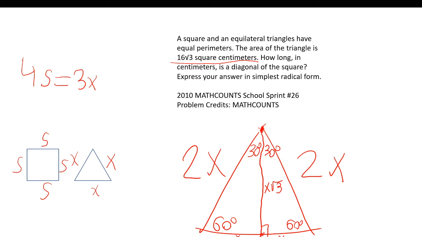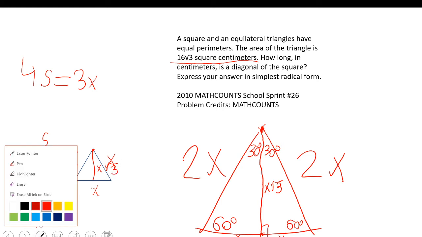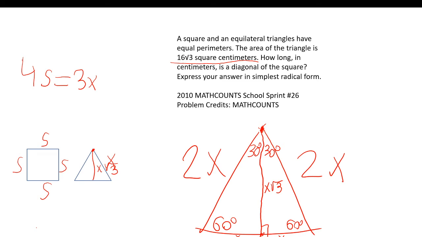Well, now we already know the height. The height is what we need to build an equation, right? This height is what we're looking for. The height is just x root 3. So we have x root 3 and these are 2x. I'm going to erase this since we don't even need this equation.